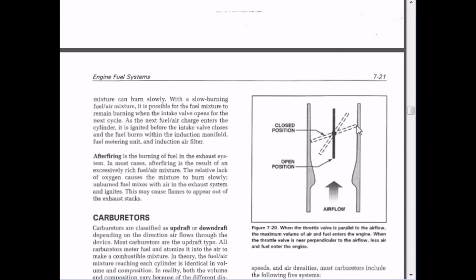But actually in the closed position, a very little air can still pass through. Other than this open position, which is called the full throttle position, you call it part throttle.